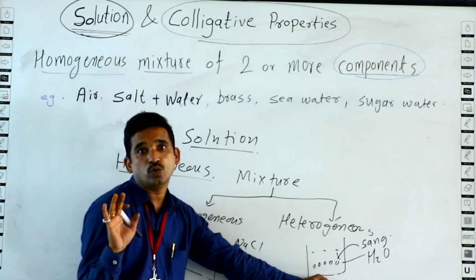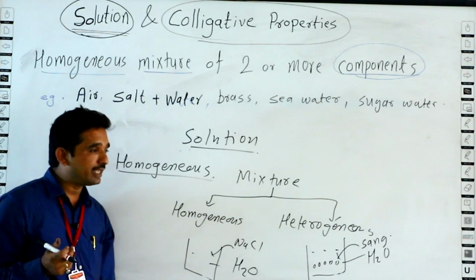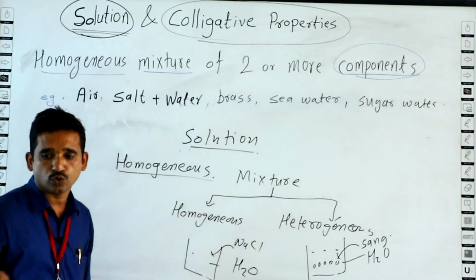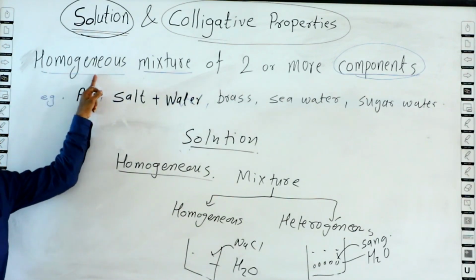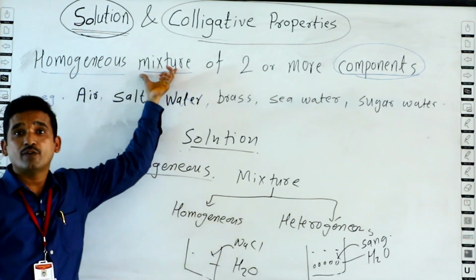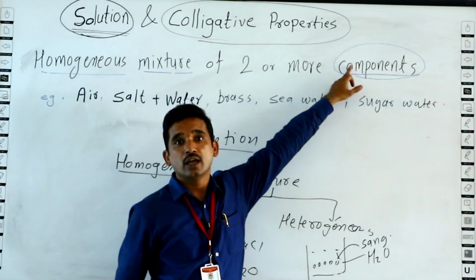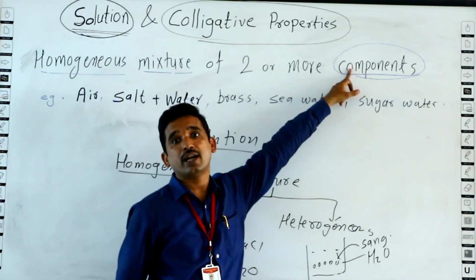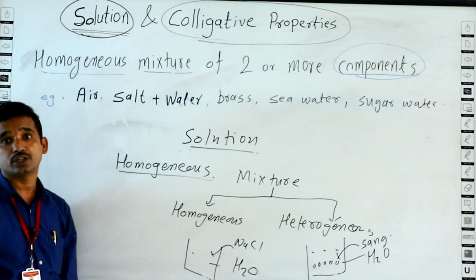There are two different layers, which will be explained in the next bit. So the three words are, first homogeneous, second mixture, and third components. Components means ingredient particles, how many particles are present in the solution.